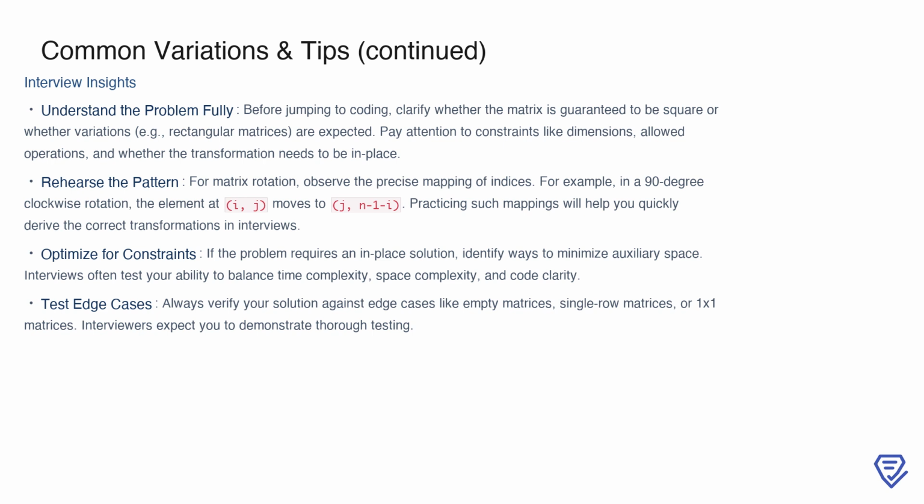For example, knowing that an element at position (i, j) moves to (j, n-1-i) during a 90-degree clockwise rotation can help you quickly derive the transformations. Furthermore, when the problem specifies constraints like in-place solutions, focus on minimizing auxiliary space. Finally, always test your solution against edge cases, including empty matrices, single rows, or 1-by-1 matrices. Demonstrating thorough testing can leave a strong impression during an interview.